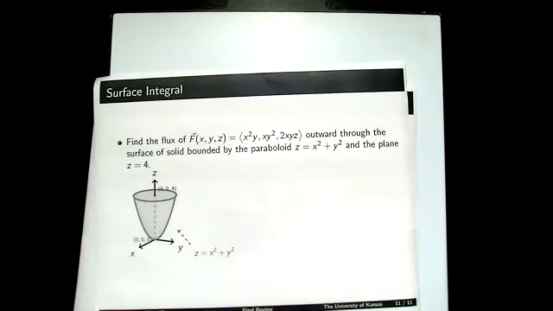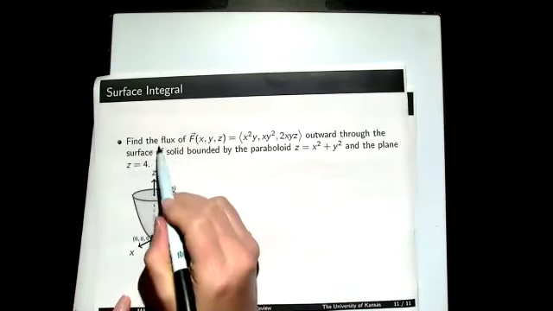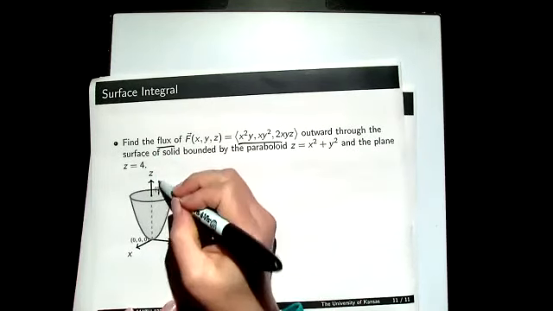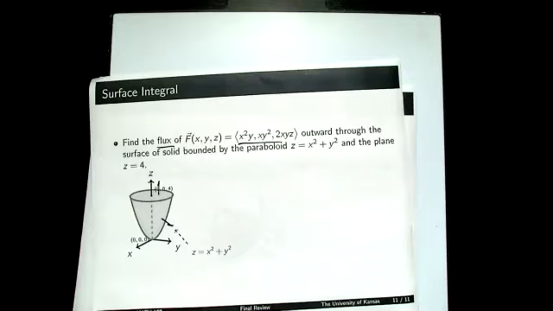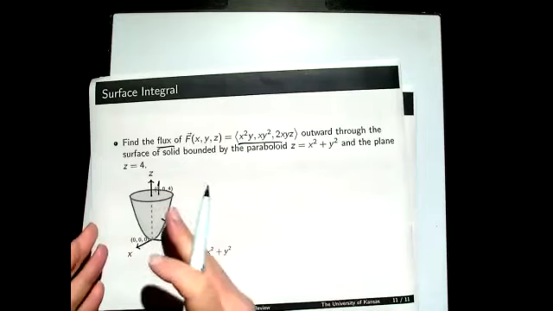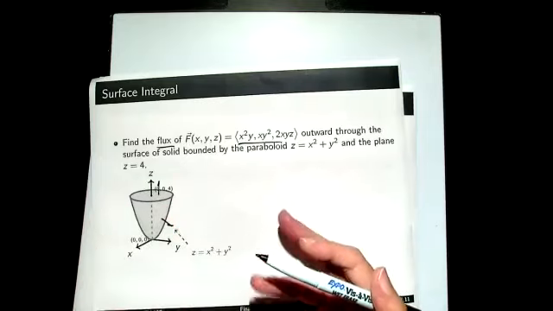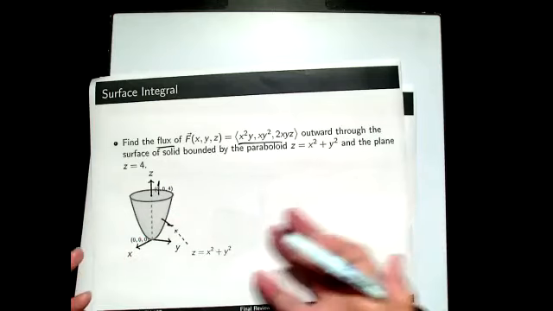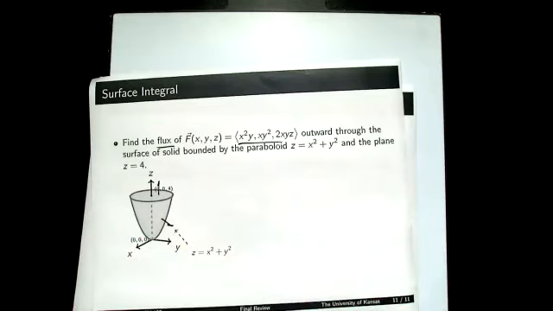Are you guys ready? It says find the flux of this in the outward direction through the surface of the solid bounded by the paraboloid and z equals 4.